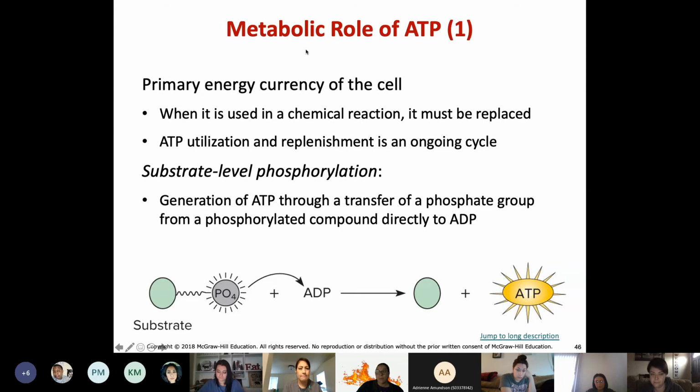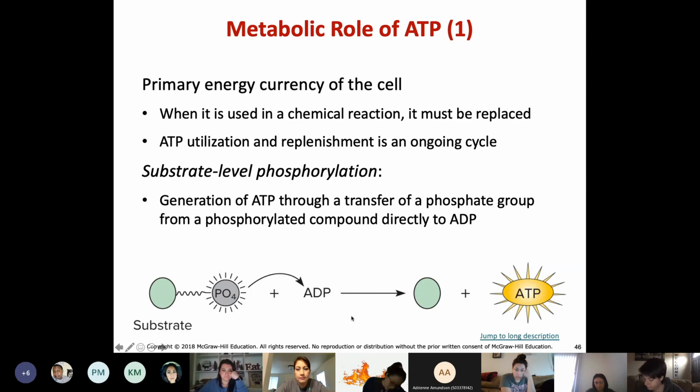One type of phosphate availability comes from different substrates. Maybe you have a protein out there that holds onto a phosphate. That phosphate can be removed off of something else, donated to ADP, and you make ATP. So this type of donation is known as substrate level phosphorylation.